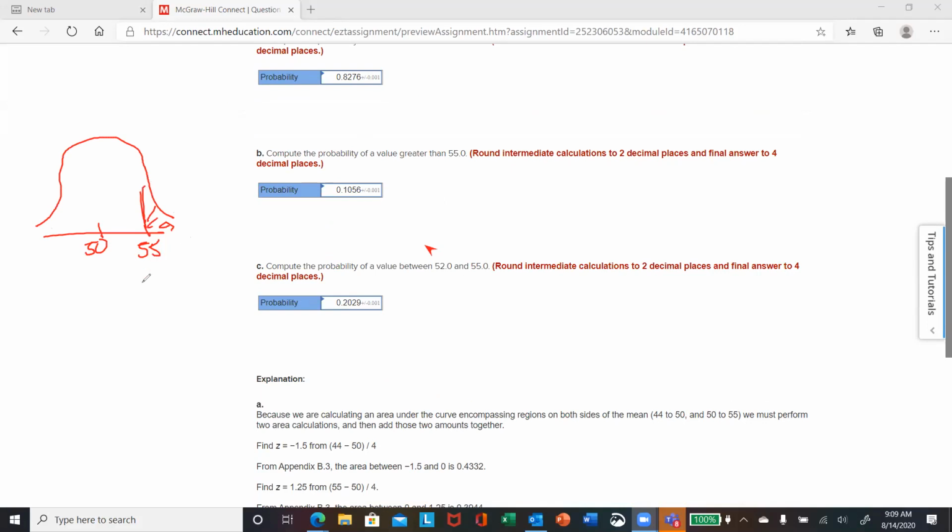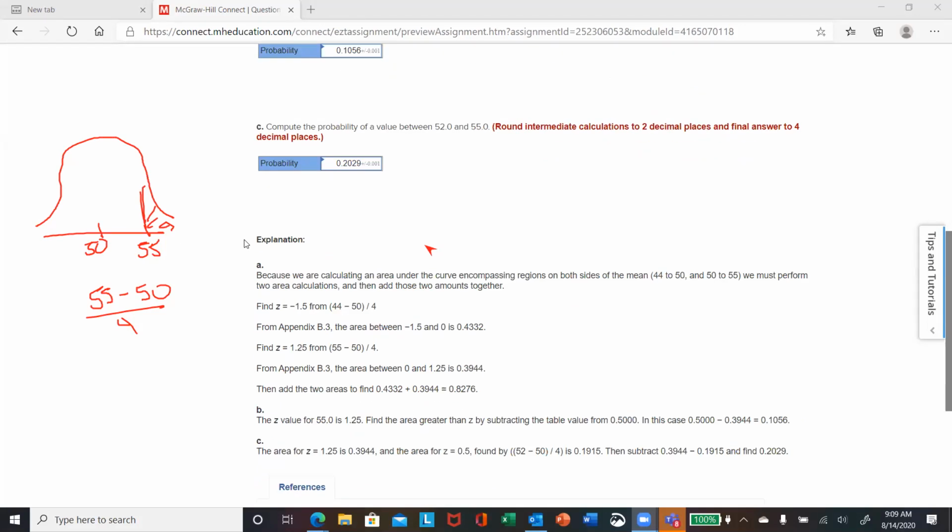So convert 55 into a z-value. So it'd be 55 minus 50, and then of course you would divide that by 4. And that's going to give you, of course, 1.25 as your z-value. But we want to the right, not to the left.